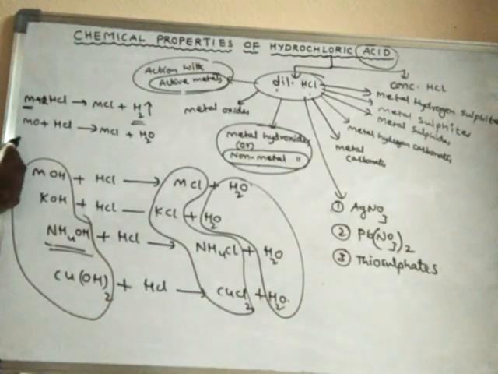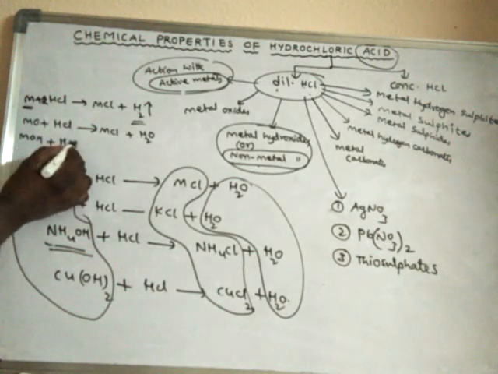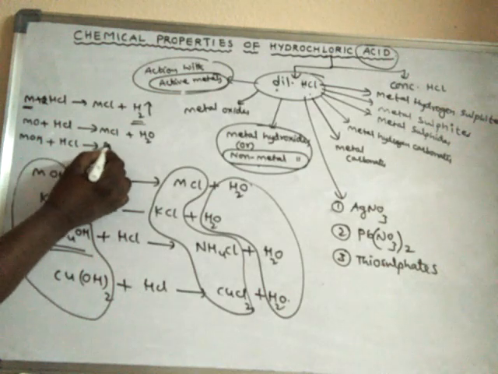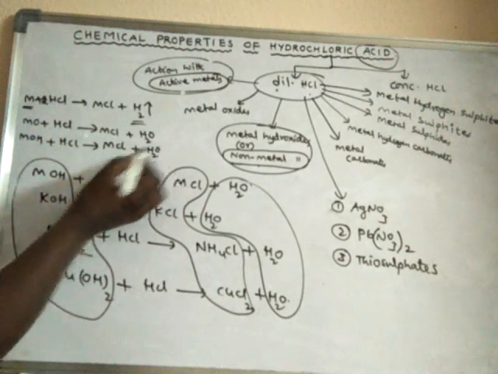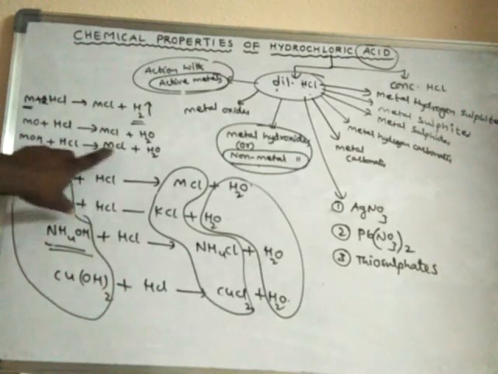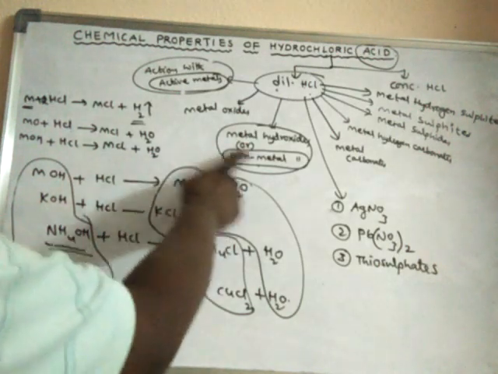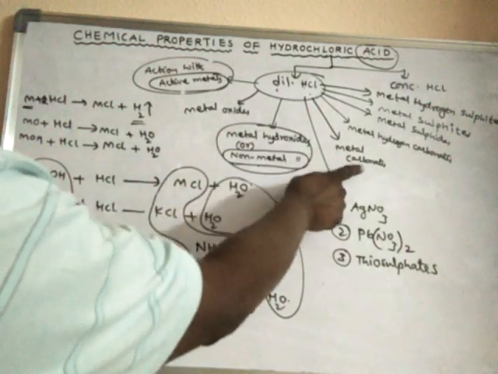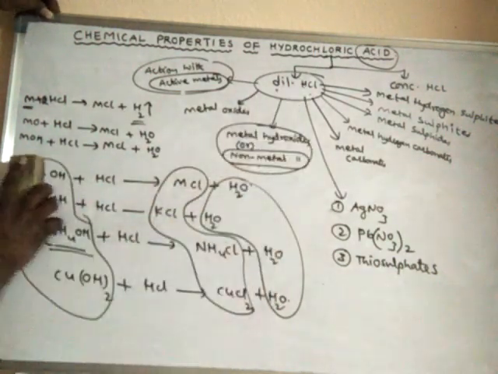That means metal hydroxide plus dilute hydrochloric acid forms metal chloride salt and water. So even metal oxides or metal hydroxides form the same products with dilute acids. Right. Now we will learn about the reaction of dilute hydrochloric acid with metal carbonates.